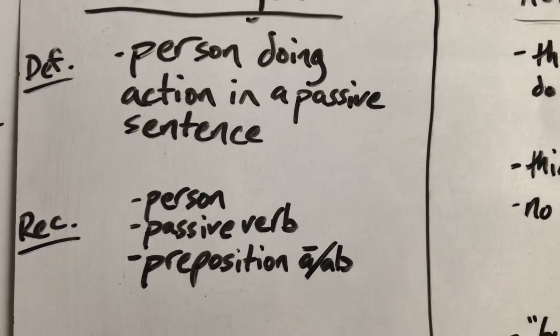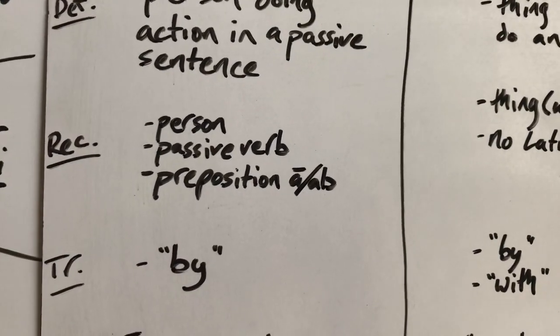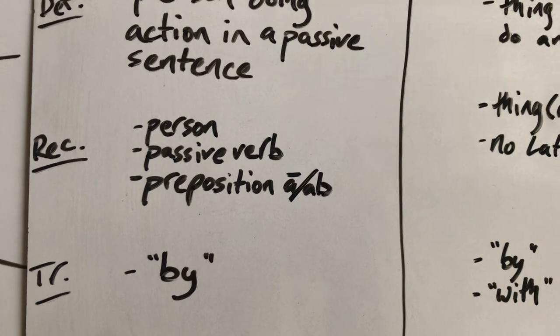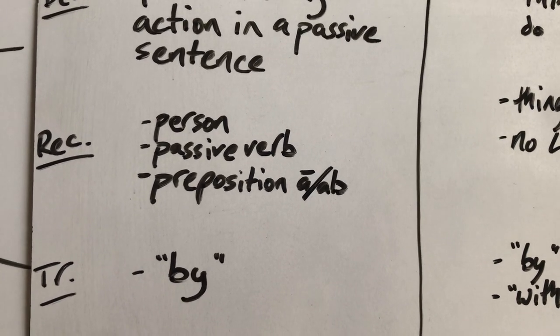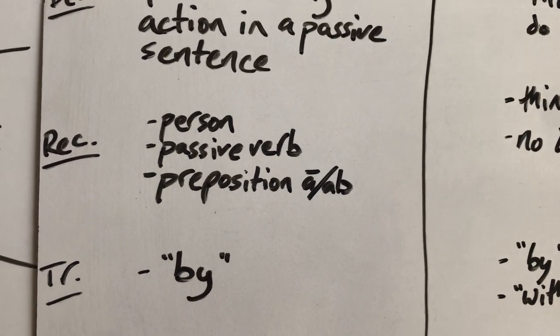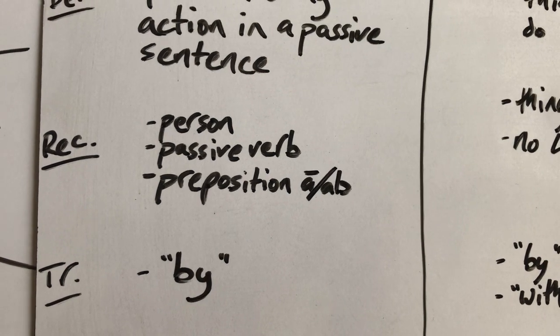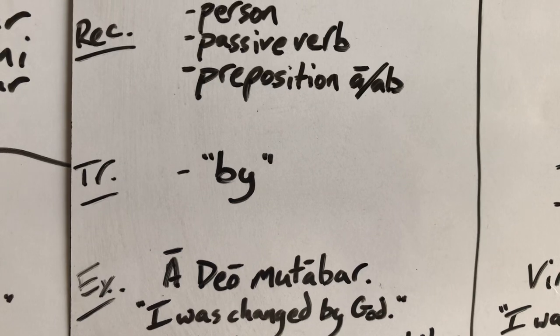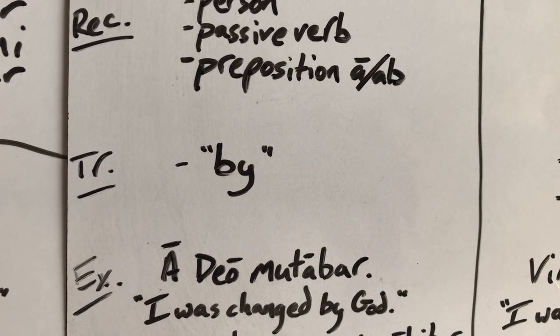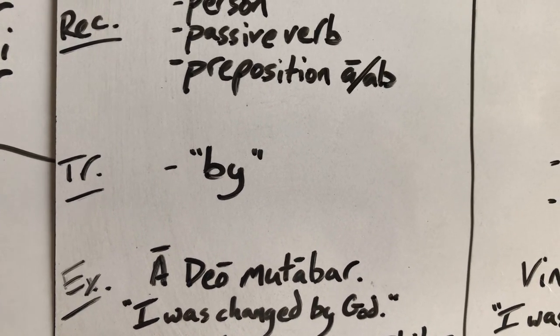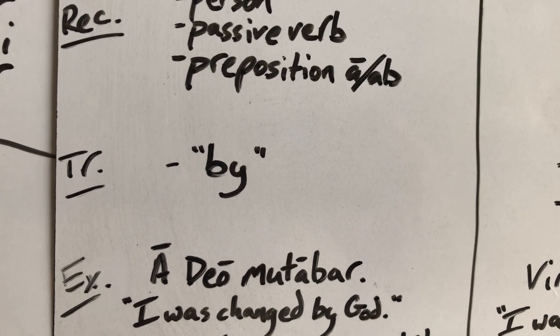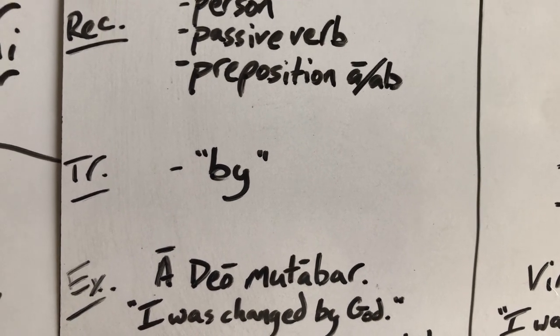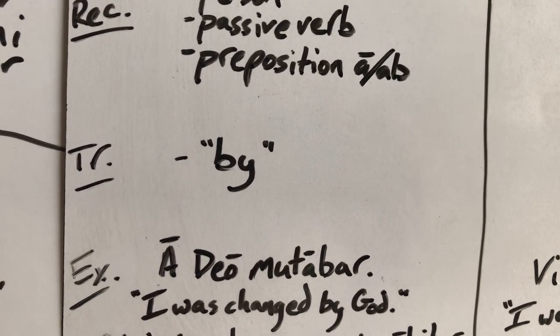All right, now how to translate it. When you have an ablative of agent, it is going to be translated with the word by. So that's how you're going to translate a or ab. All right, so let's look at a couple examples here. First one here, a Deo mutabar. So mutabar is a passive verb. I was changed, and then I was changed, a Deo, by God.